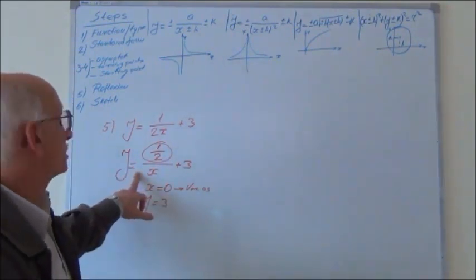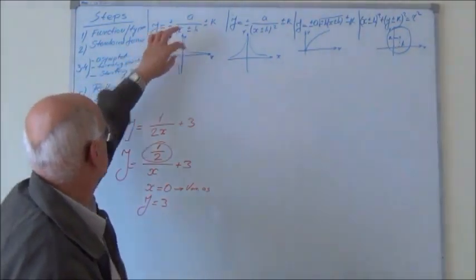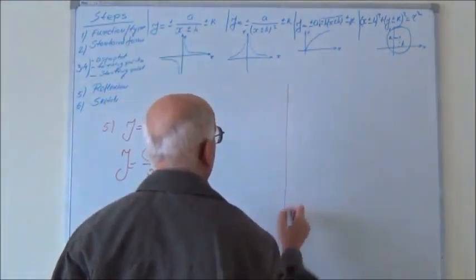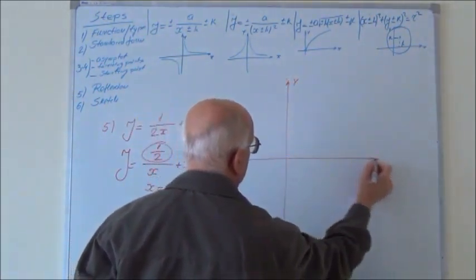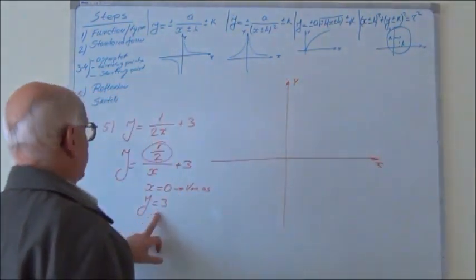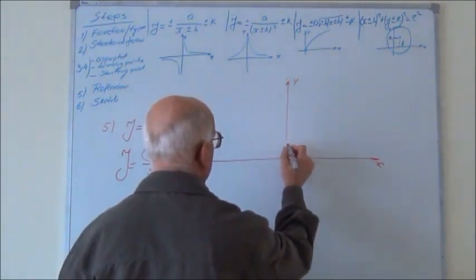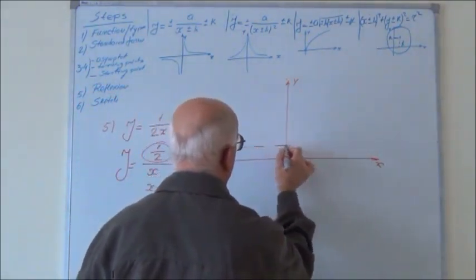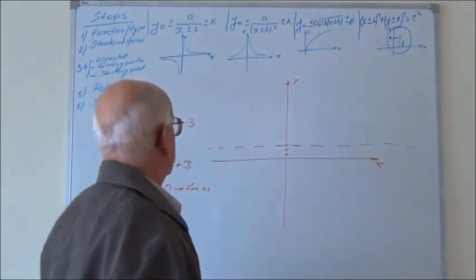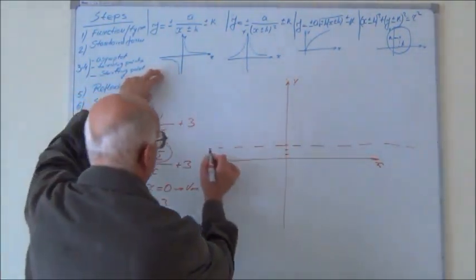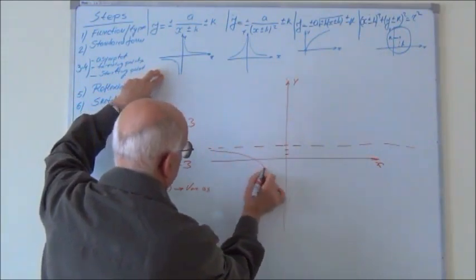We don't have a reflection, so basically to sketch this hyperbola, we have y equal 3, and x equals 0. These asymptotes here, and we are sketching this graph.